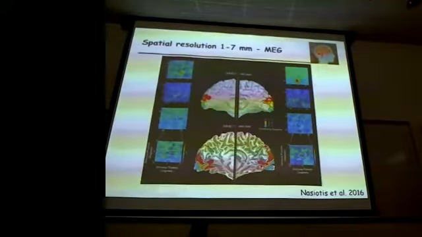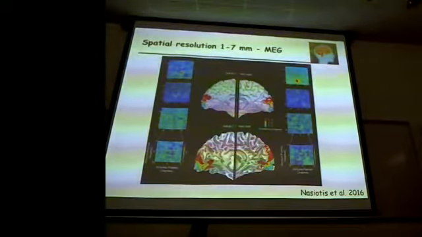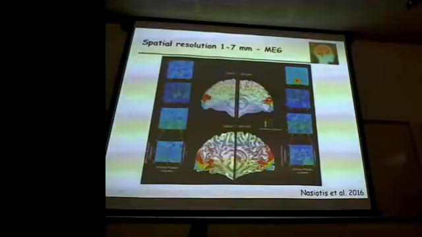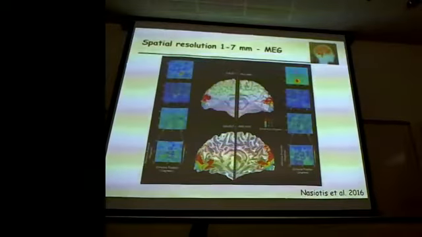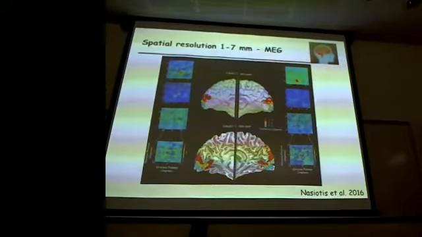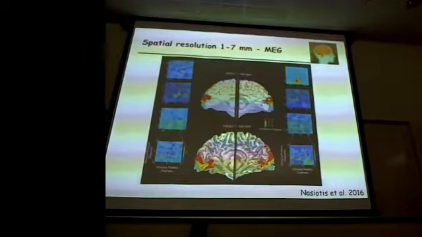And their conclusion from this study is that depending on the folding of the cortex, so if the cortex is very folded, then MEG actually can differentiate sources that are a millimeter apart. And if the cortex isn't very folded, so in the flatter parts of cortex, then the resolution was 7 millimeters. So this is this latest result.